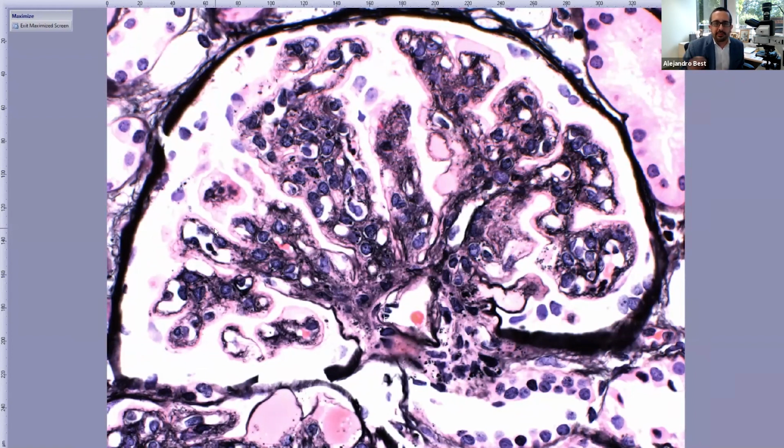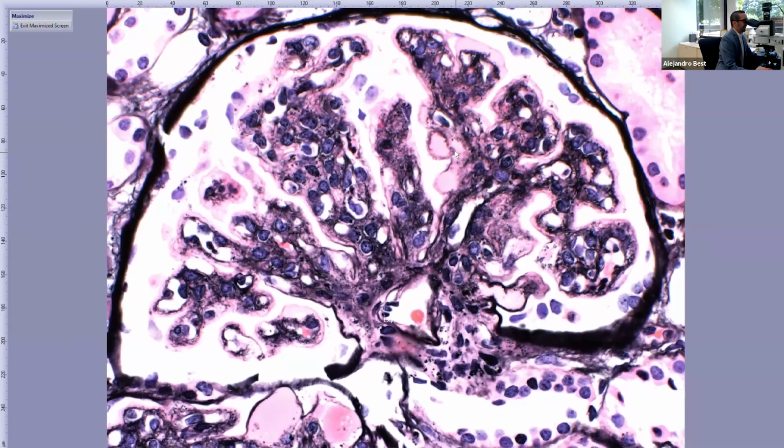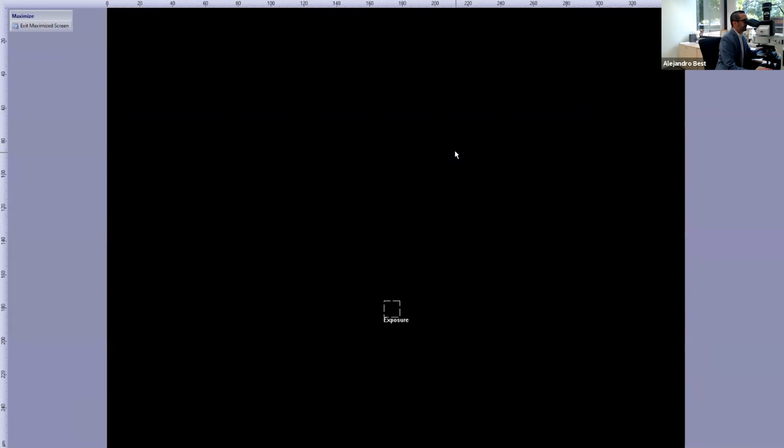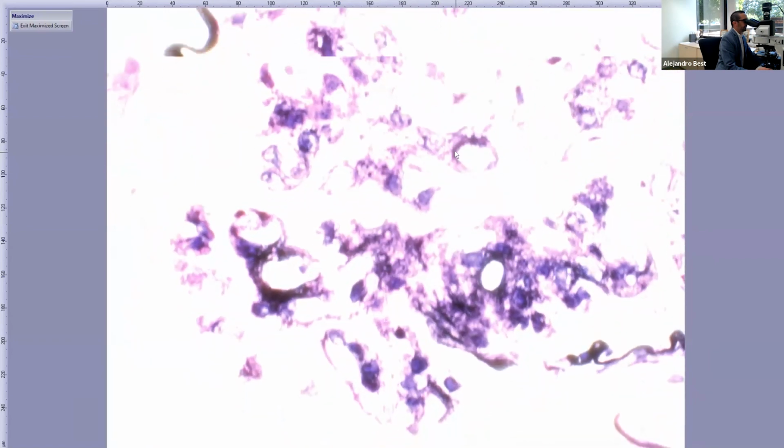So the Jones stain is very good in staining the basement membranes, but is very bad in staining the deposits. So all this pink stuff with rarefaction of the capillary loops is a negative image of all the deposits that are there in the capillary lumens. And let me try to find an area with double contours.